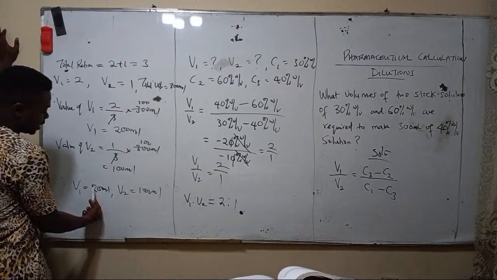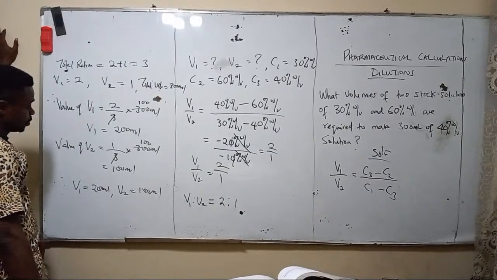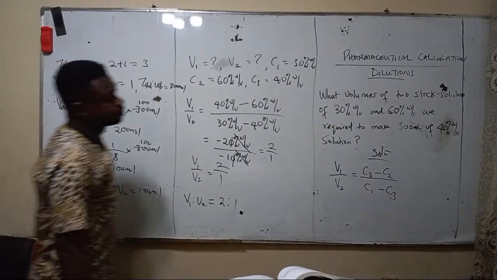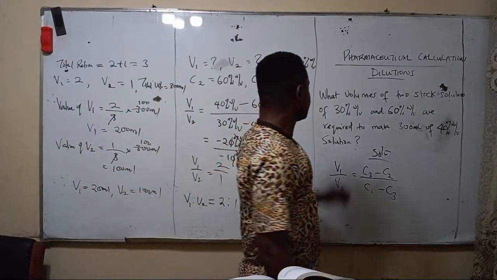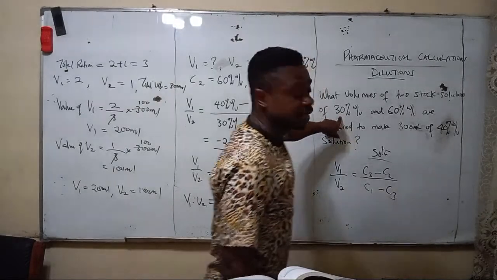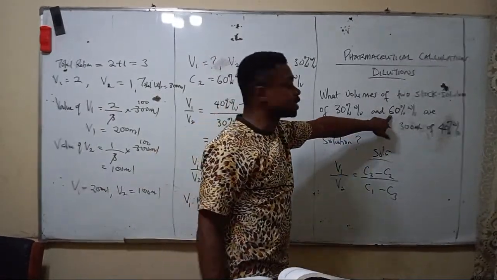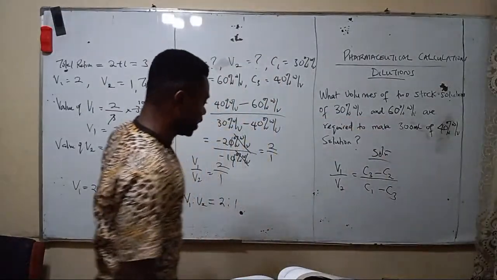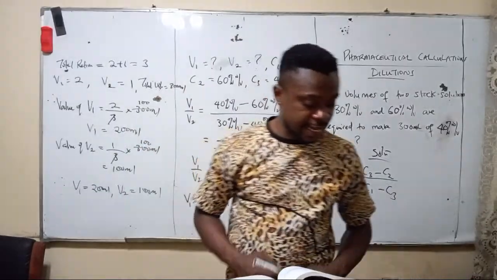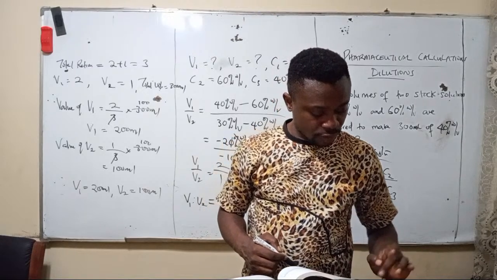As you can see, if you add 200 plus 100, it gives you 300 ml. So the volume of the 30% weight in volume stock solution is 200 ml, while the volume of the 60% stock solution is 100 ml. That's the answer.